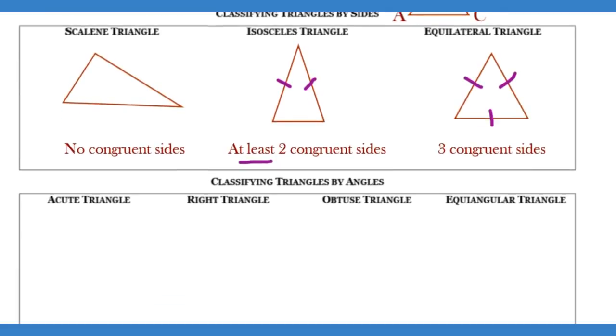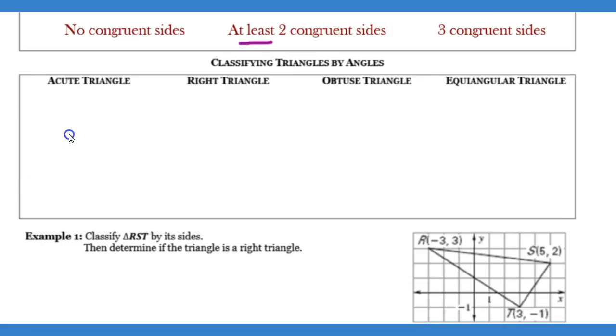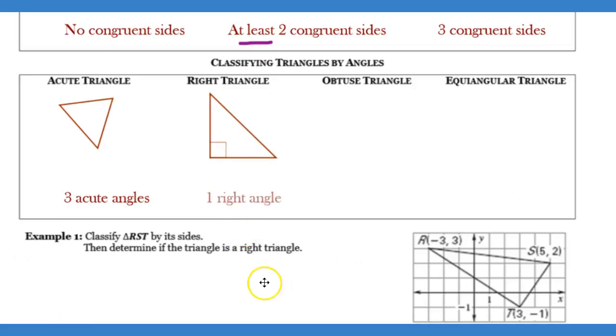All right, now let's classify our triangles by angles. We've got an acute triangle. An acute triangle has 3 acute angles, meaning less than 90 degrees. We have a right triangle, and a right triangle has 1 right angle. The other 2 angles would be acute and complementary.